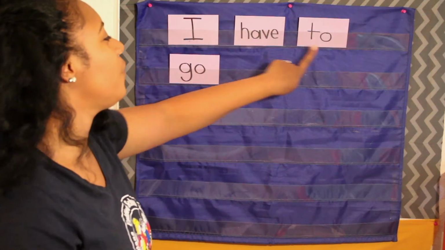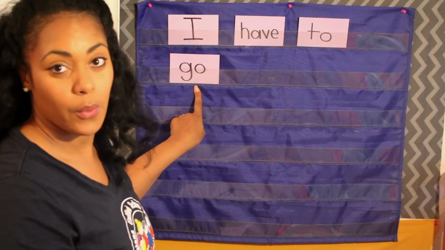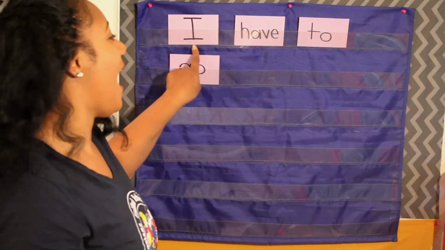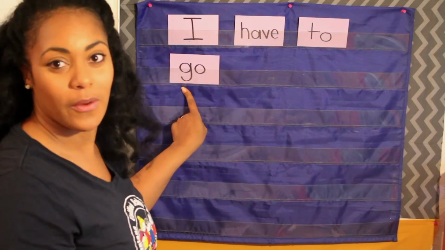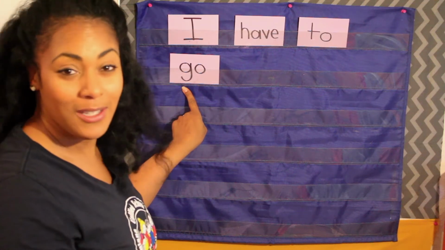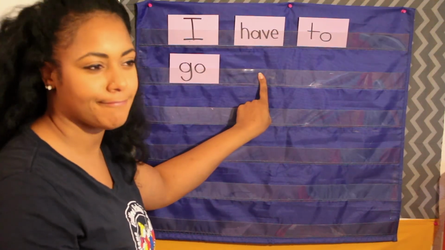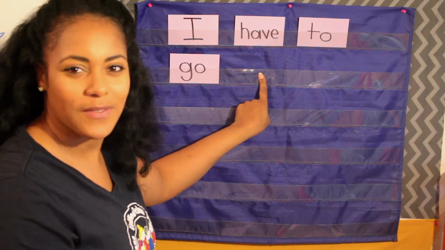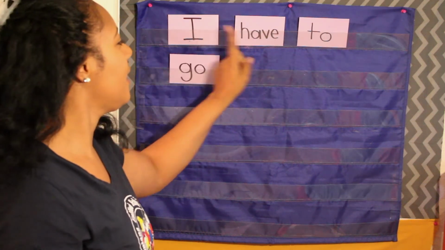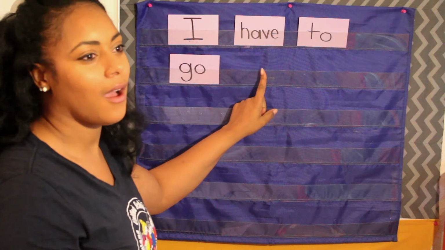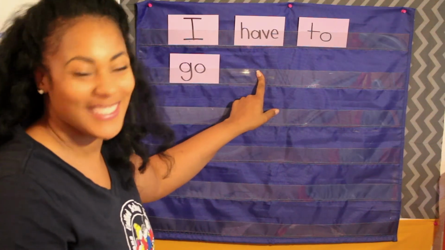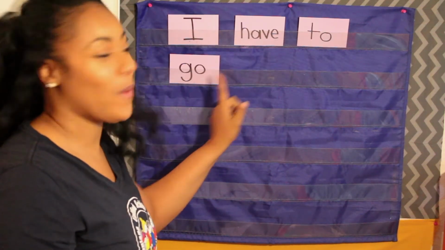I have to go. Let's read that again. I have to go. A little bit faster. I have to go. Where's somewhere we have to go? I have to go home. I have to go home.